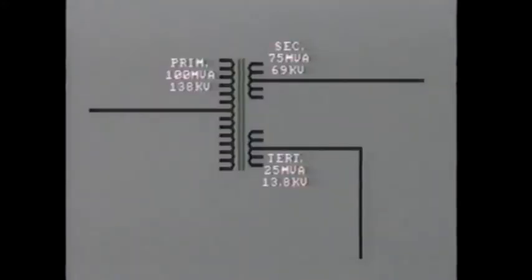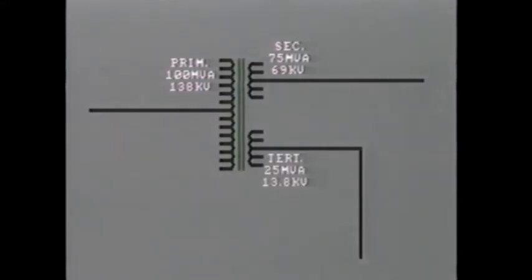Many transformers have 3 windings, that is, a primary, secondary, and tertiary, all wound on the same core. For example, we may have a primary of, say, 100 MVA at 138 kV, a secondary of 75 MVA at 69 kV, and a tertiary of 25 MVA at 13.8 kV.